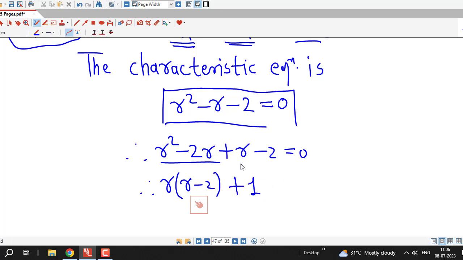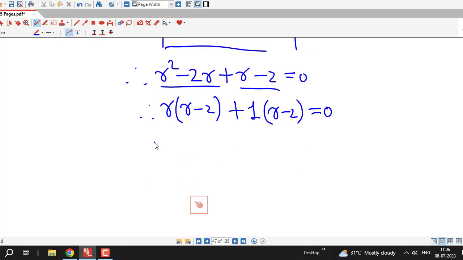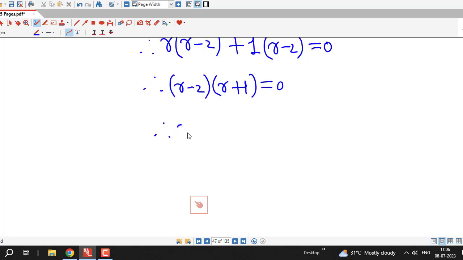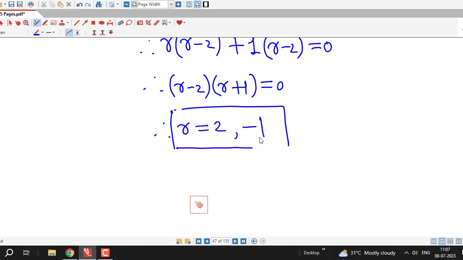Here I can rewrite this term as 1 into bracket r minus 2 equal to 0, and r minus 2 is common, so I have r minus 2 times r plus 1 equal to 0. Therefore we have two roots, r equal to 2 and r equal to minus 1, and we can see both the values are real and different, or real and distinct.